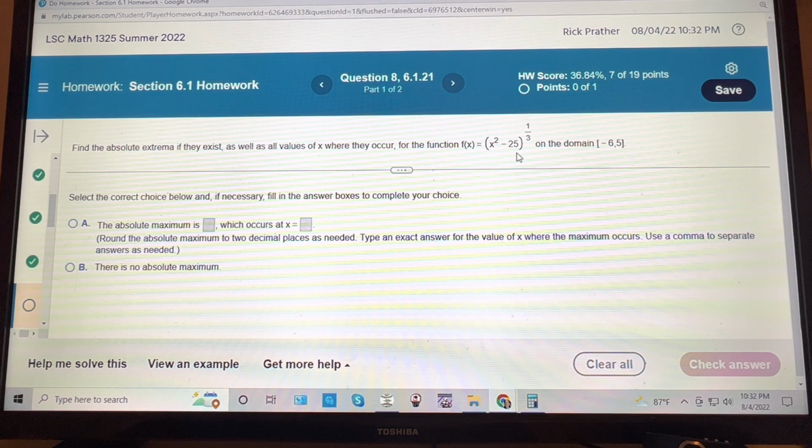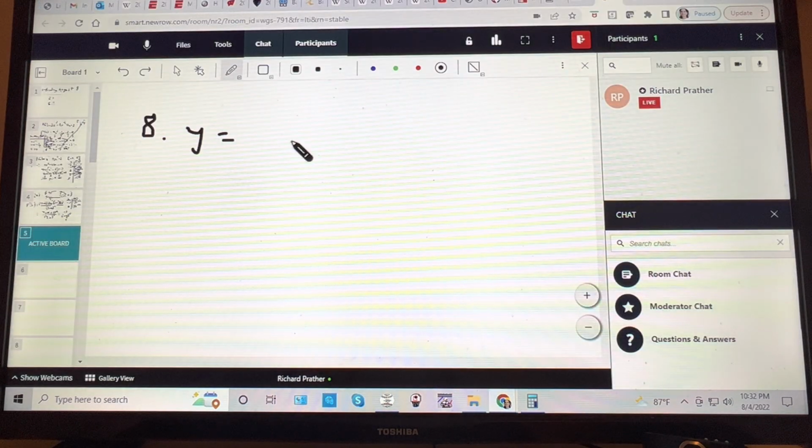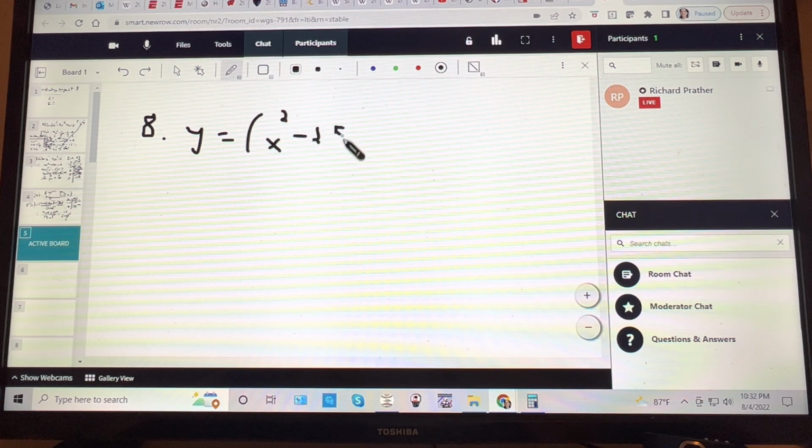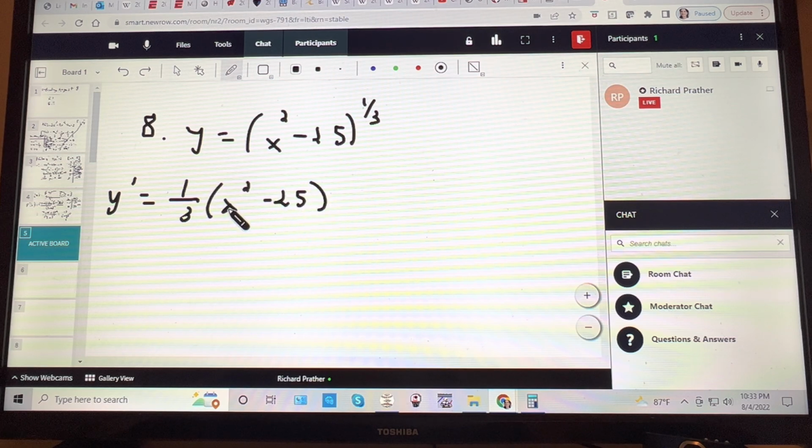X squared minus 45 to the 1/3 power. Derivative would be 1/3 times the base. Decrease the exponent by 1. 1/3 minus 1 is -2/3.